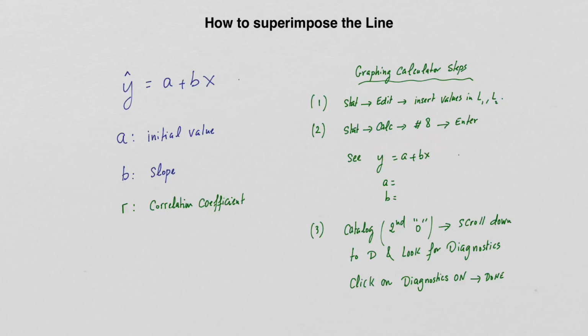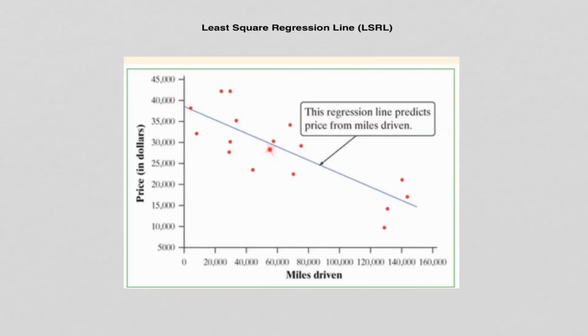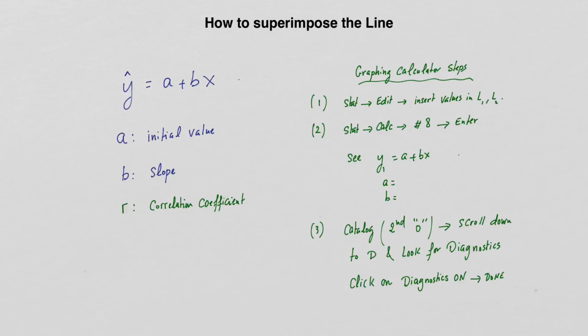Calculator is dumb. It's going to say y1 equals a plus bx or something. Now, even though it says y1 or y, you need to think of it as y hat, okay? Because it is this predicted line. It's not observed, it is predicted by the line, okay? Predicted means y hat. So the calculator will say y, but you need to say y hat, okay?